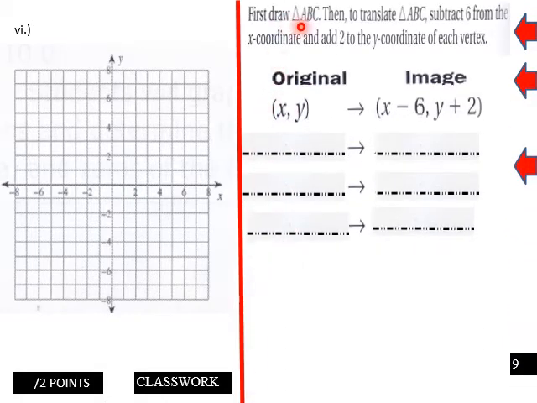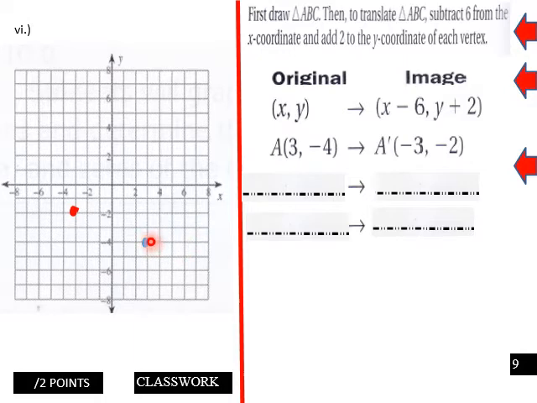Let's see, draw triangle ABC, then to translate ABC, subtract 6 from the x coordinate and add 2 to the y coordinate. So we have 3, -4 will be the original, and then A prime would be -3, -2. This will be a translation here, so you subtract 6 from the x and add 2 to the y.